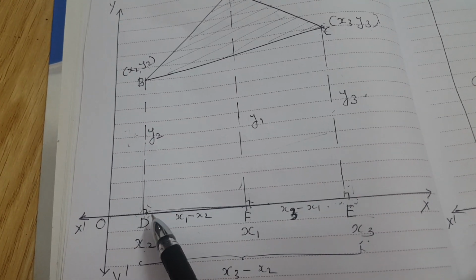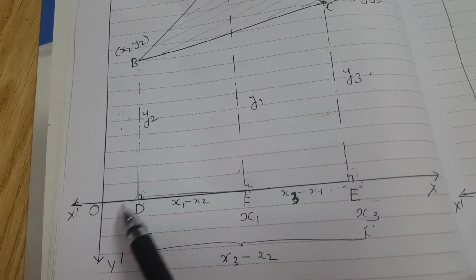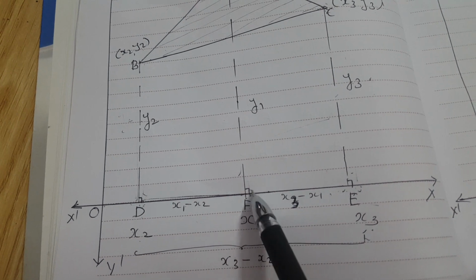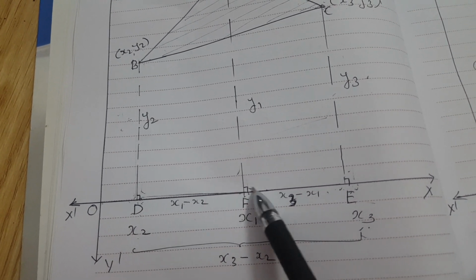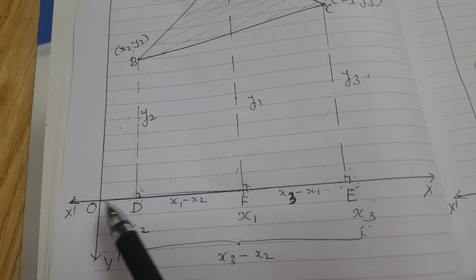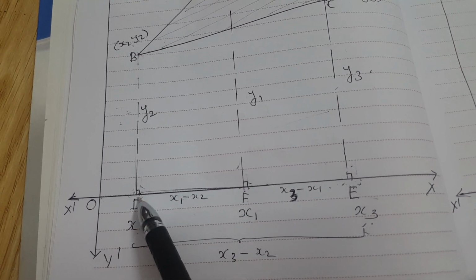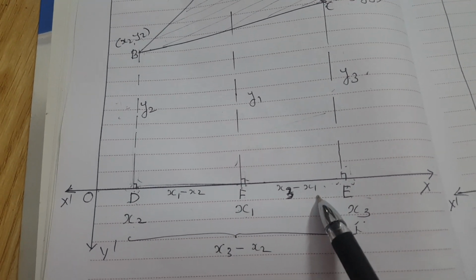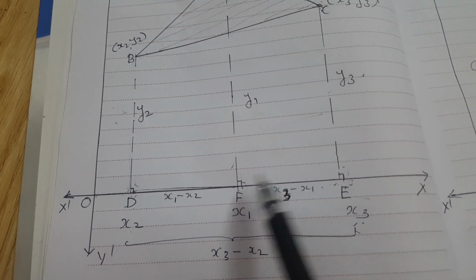And see, here OF is x1 and OD is x2. So what will be the length of DF? DF, you know, is equal to OF minus OD. OF is x1, OD is x2. So this length DF is x1 minus x2. Similarly, what's the length of FE?